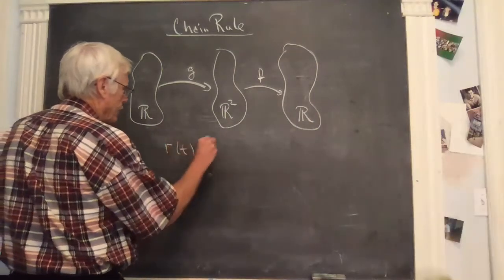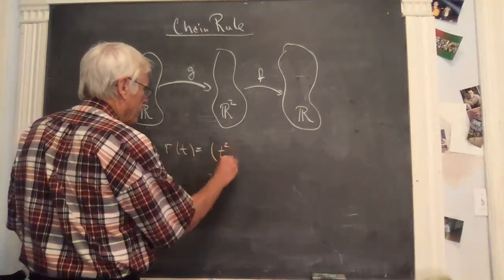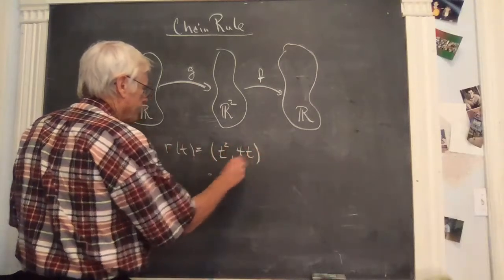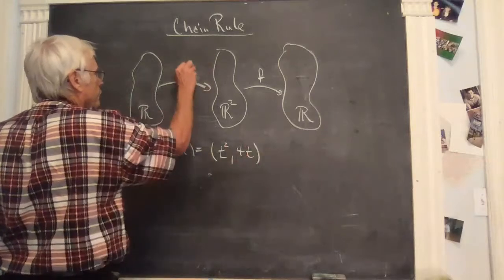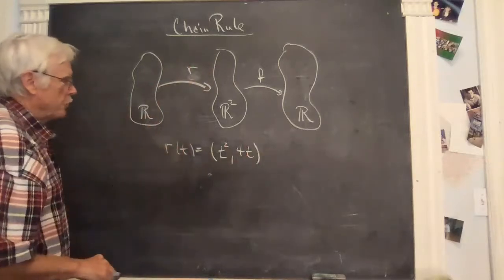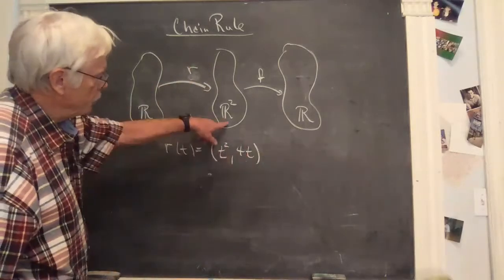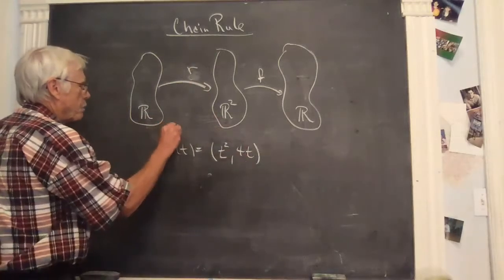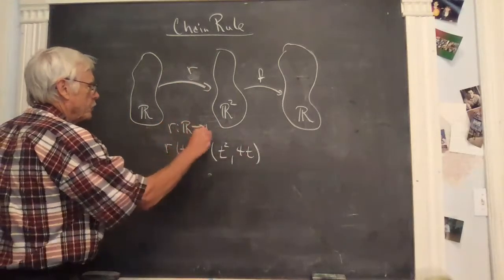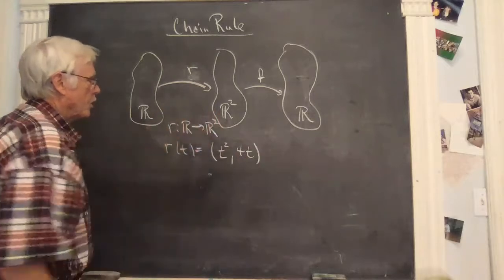R of T in this case, I think, was (t squared, 4t). So this function R takes real numbers and maps them into ordered pairs. R maps R into R2.